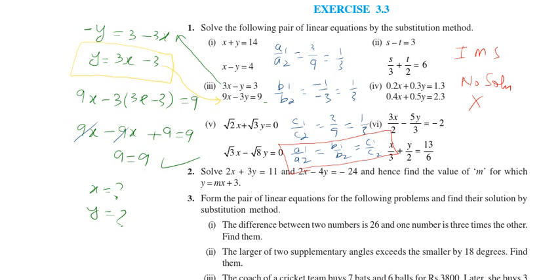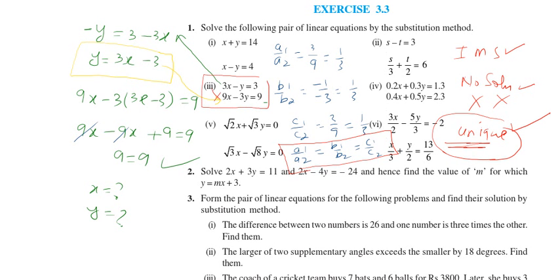If there is no solution, again you will end up getting something like this. So the only cases which can be solved by the algebraic method are unique solution cases. And because of this, we were not able to solve this question. This we can solve by the graphical method, not by the algebraic method.